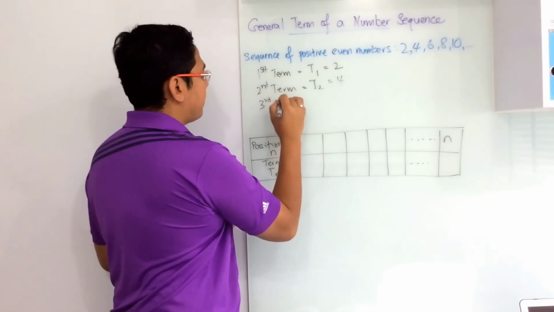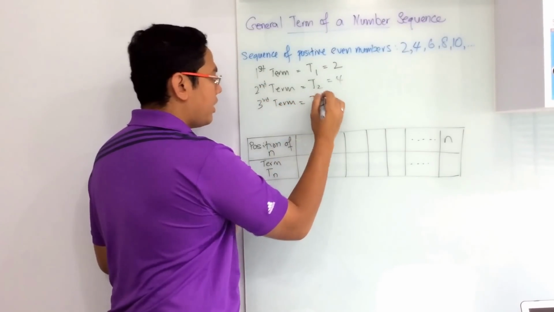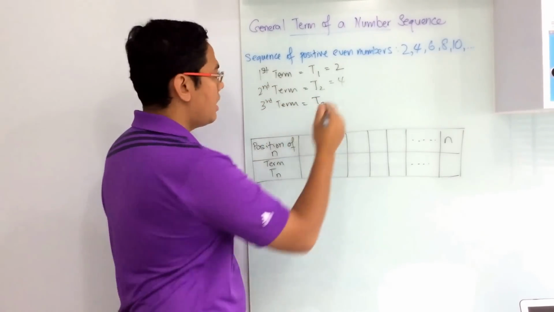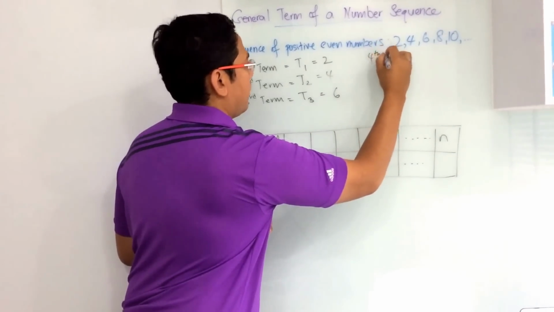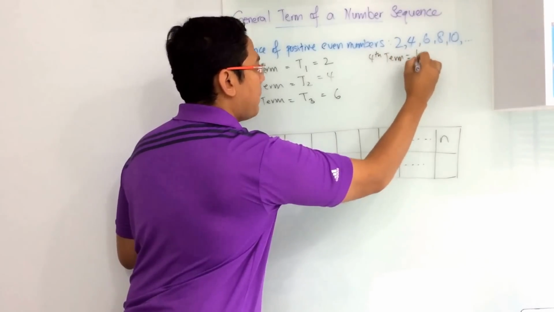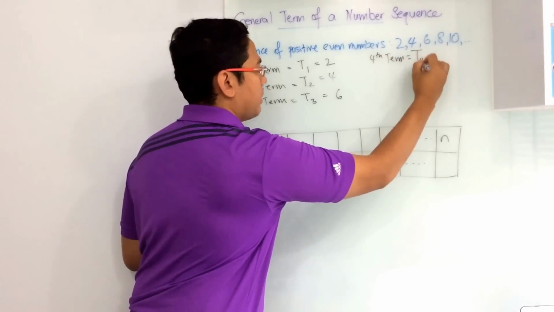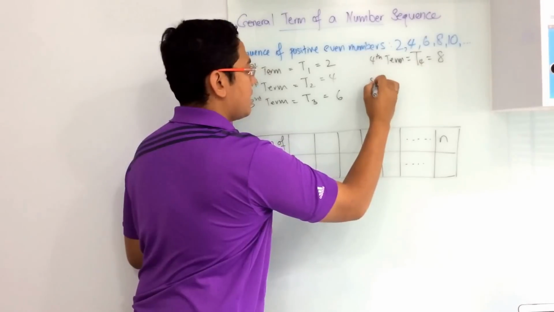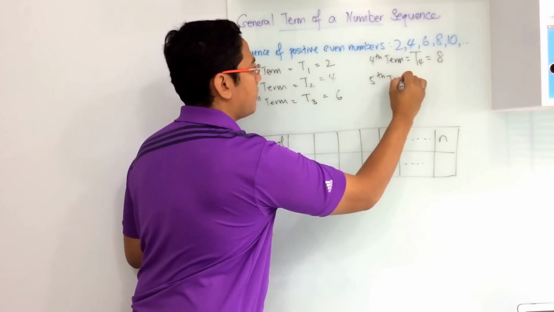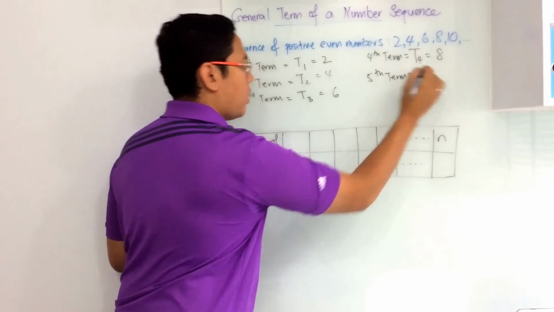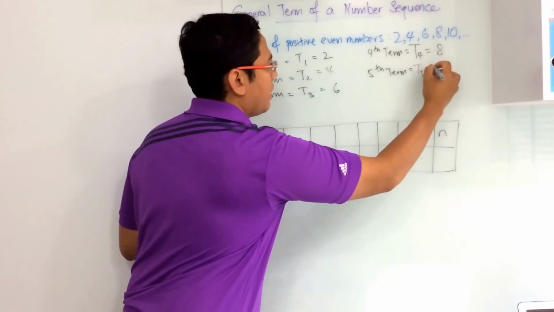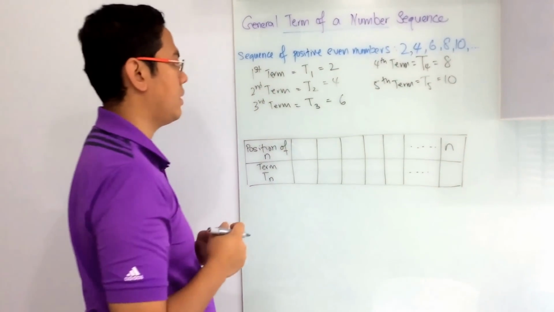The third term, capital T, small number 3, is 6. The fourth term, capital T, small number 4, is 8, and lastly, the fifth term, capital T, small number 5, equals 10.